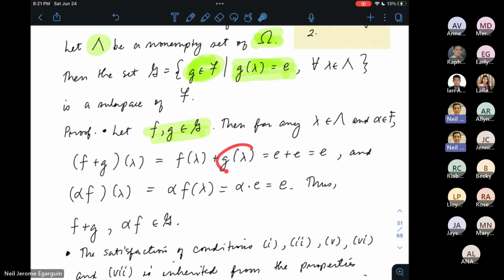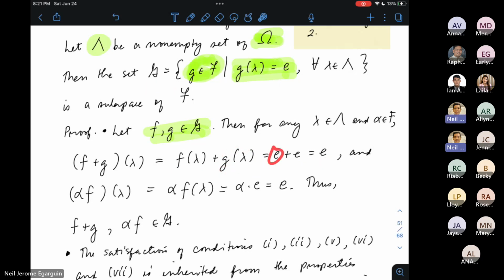Tapos dahil si little g ay na kay curly G, so ibig sabihin ng g of lambda ay equal din sa zero vector. Good? So this guy will be a zero vector plus zero vector. E, ang sum ng dalawang zero vector ay equal din sa zero vector. Right?